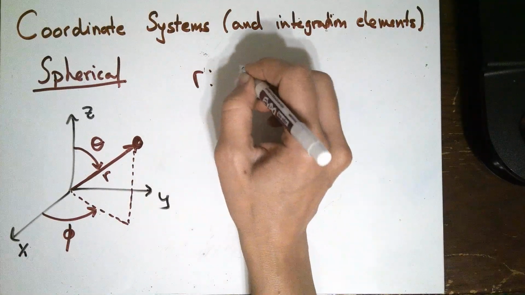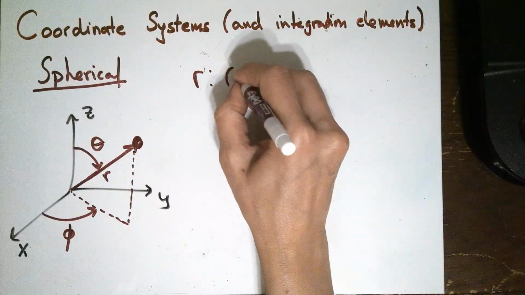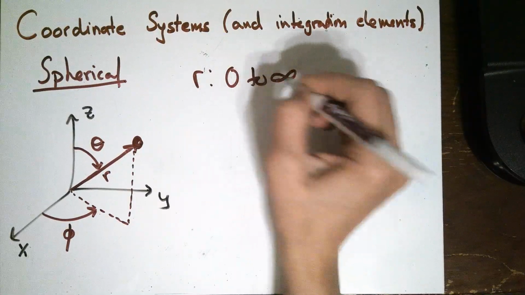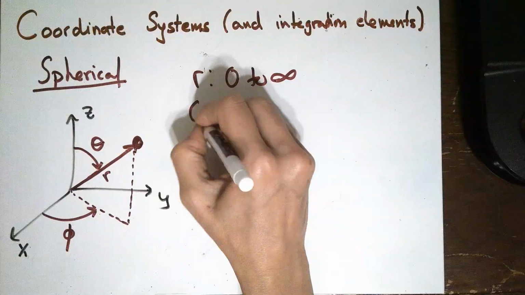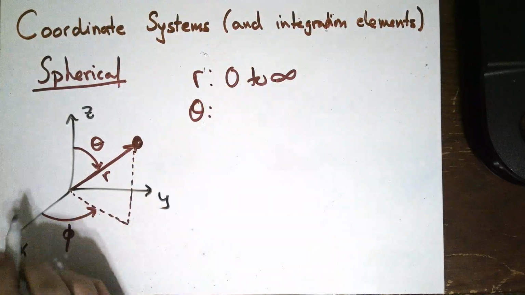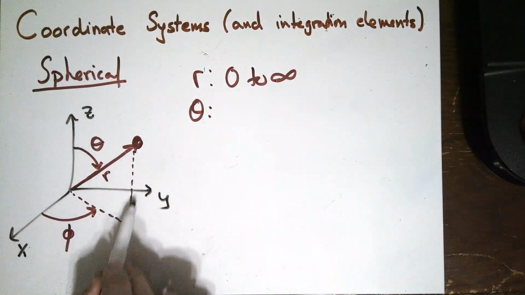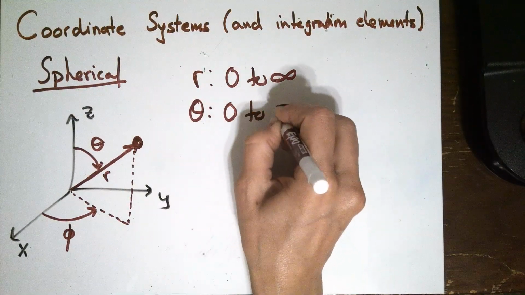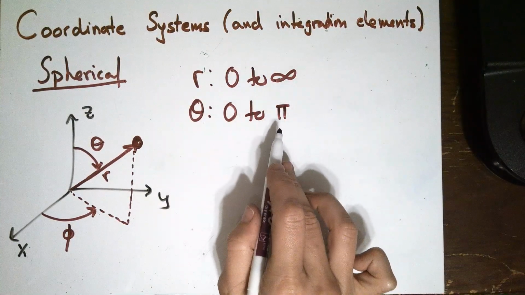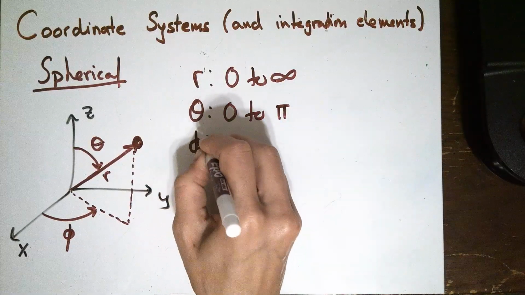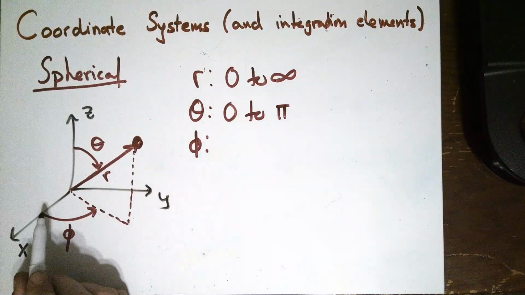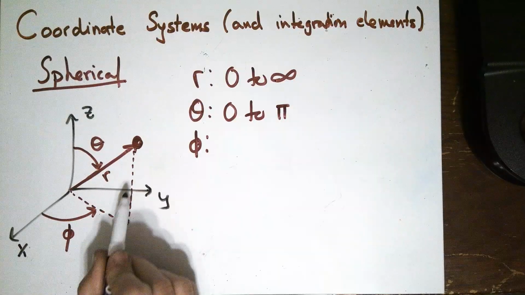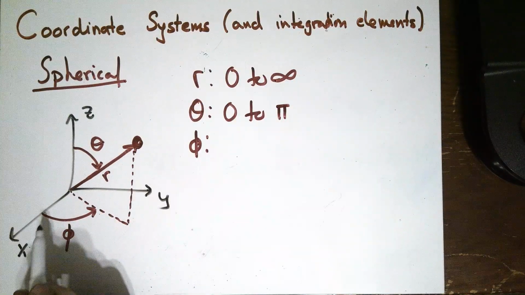So the ranges for these variables: for r is 0 to infinity. For theta, it goes from the positive z-axis down to the negative z-axis, so 0 to pi, or 180 degrees. And phi, that starts here on the positive x-axis, travels all the way around the plane and comes back.